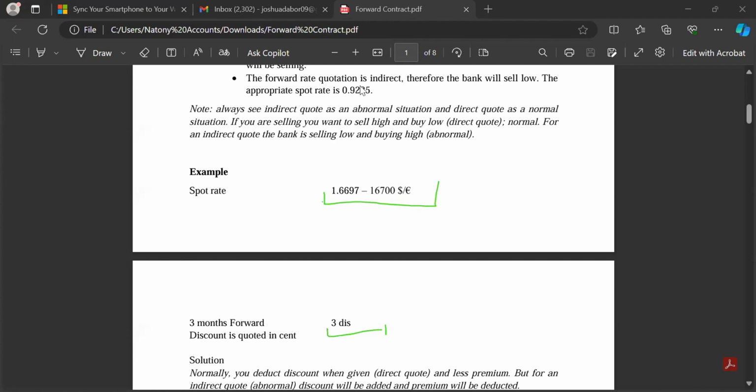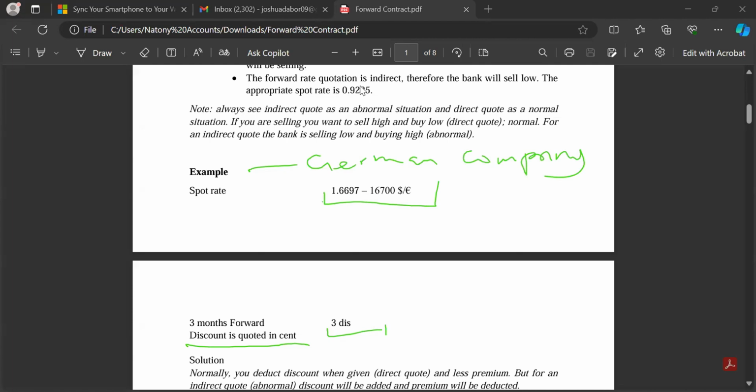The quotation is in cents, that is 3 cents. It's also assumed that the company is a German company, a continuation from the first question.